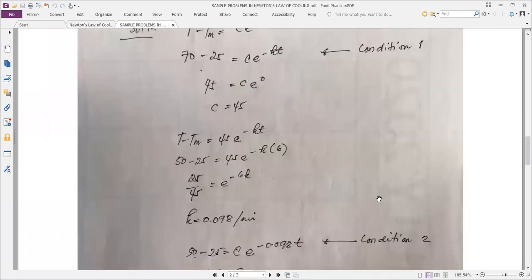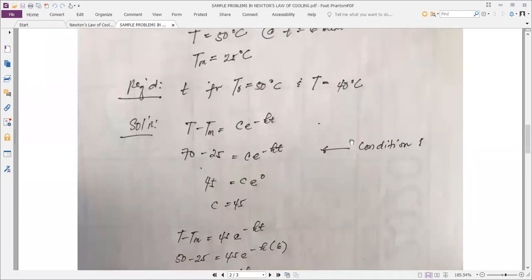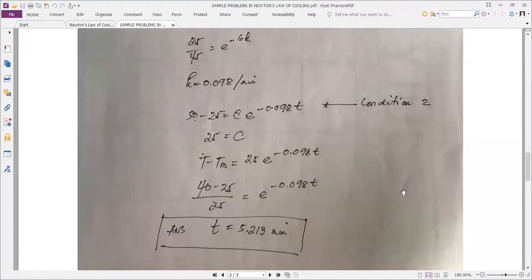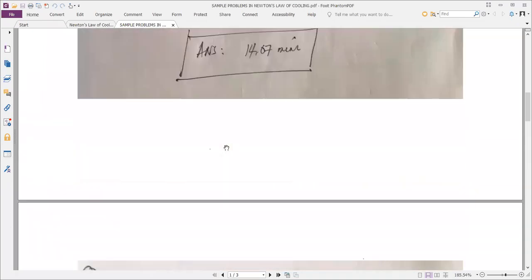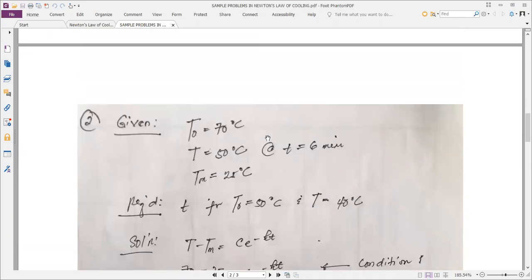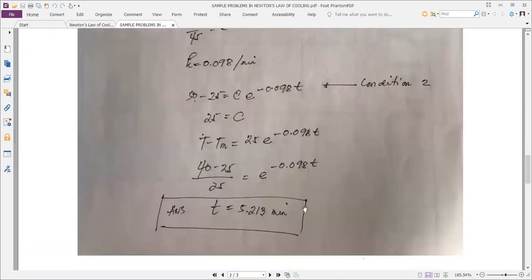And I place here condition 2 wherein cooling time is to be measured from 50 to 40. I'm not saying that you use this particular procedure. This is just an option. If it's much clearer to you and more understandable that you use the first procedure in sample problem number one, it's fine, class. I don't mind. I'm just giving you here an option or a different procedure of determining the unknown. Do you get it?